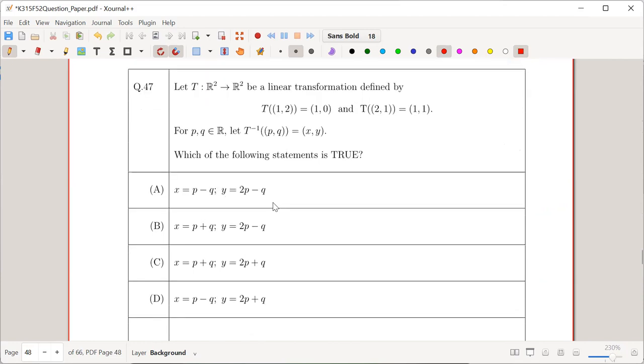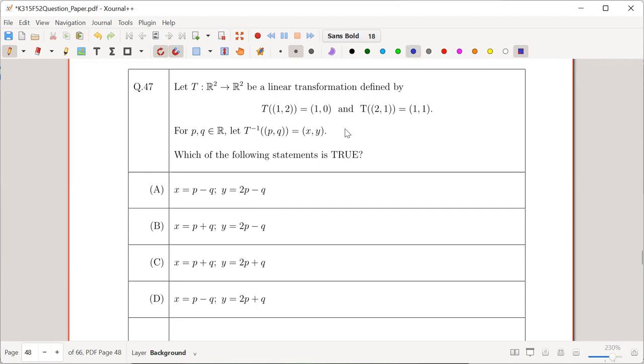Let T be a linear transformation from R2 to R2 given by (1, 2) maps to (1, 0) and (2, 1) maps to (1, 1). Suppose for any (p, q) in R2, T inverse of (p, q) is (x, y), then which of the following statements is true? Okay. So whenever we talk about T inverse, therefore T is invertible.